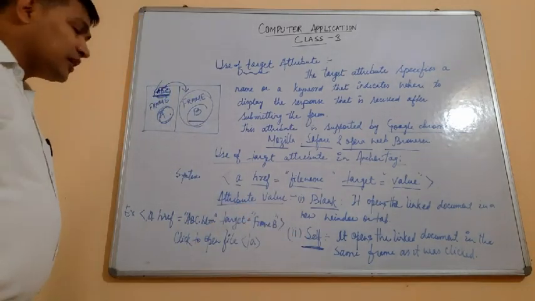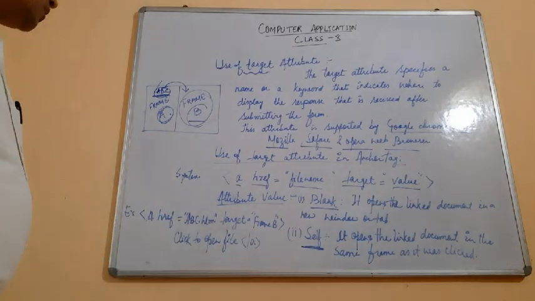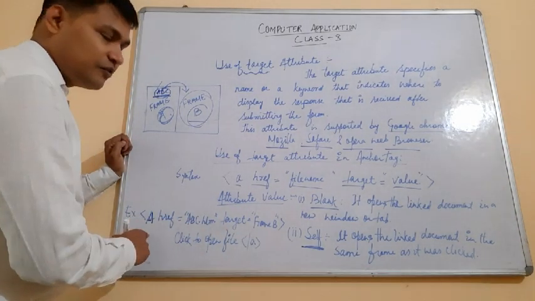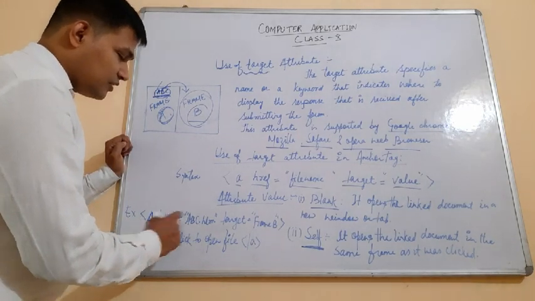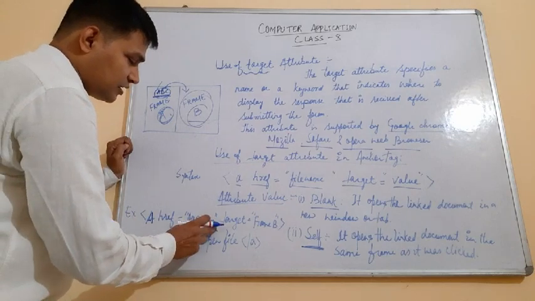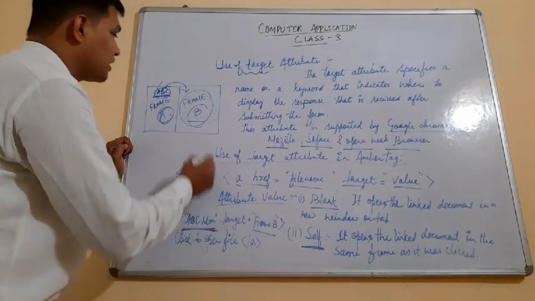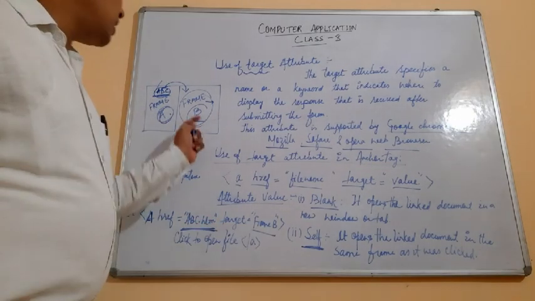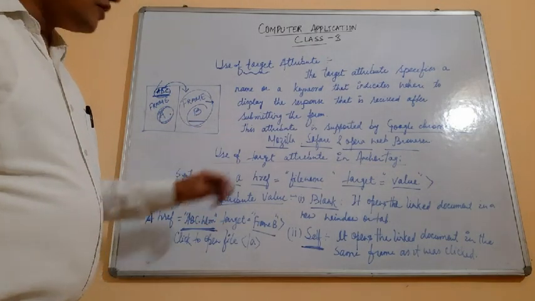So students, how can you do it? First of all, you have to write a. This is the example I am giving you. Then href, then the file name of the link. Then the target name. My target name is frame B, because I want to display it in this different section of the frame.